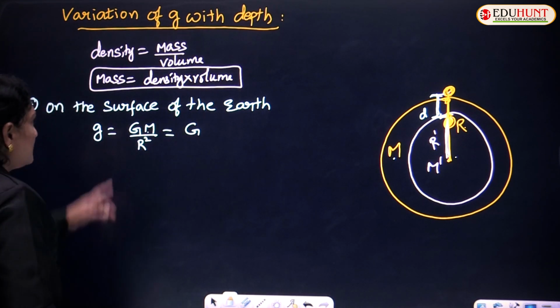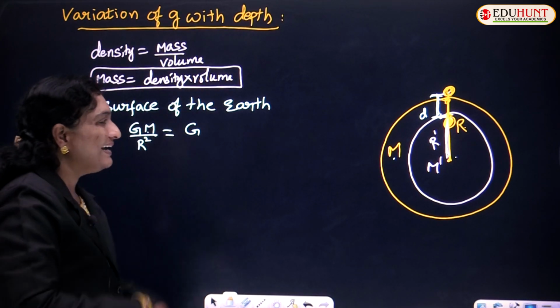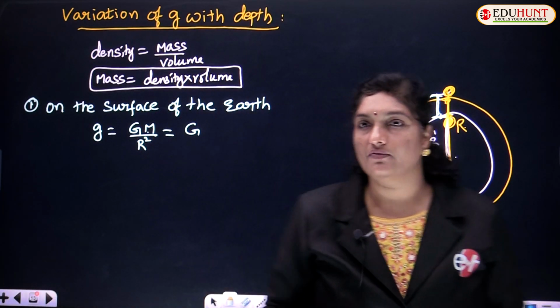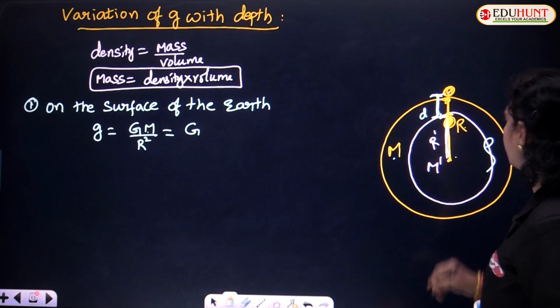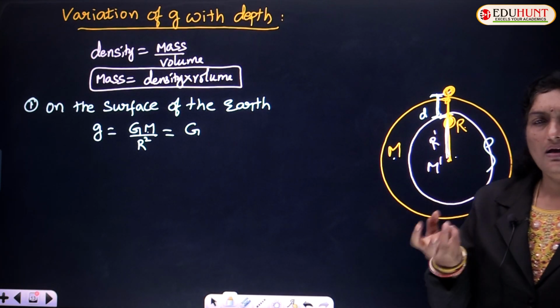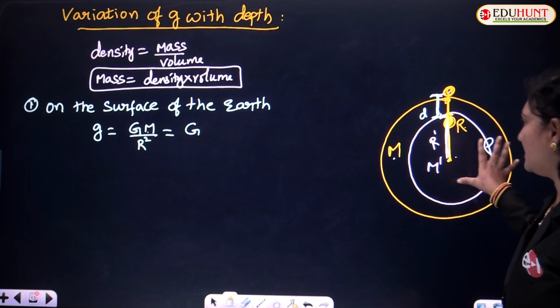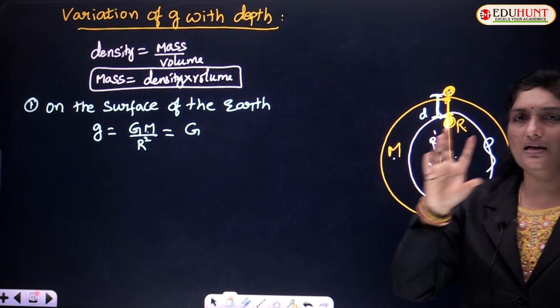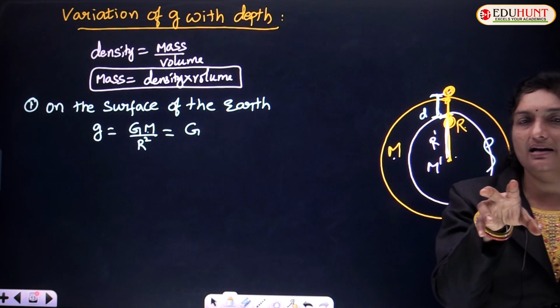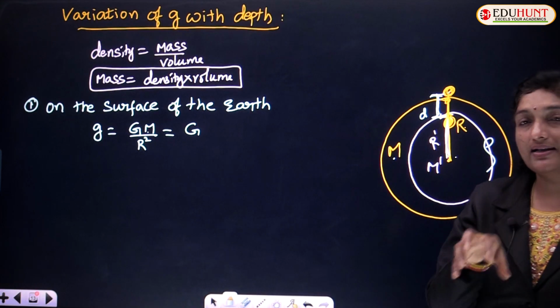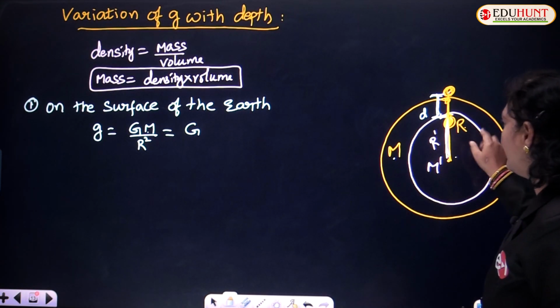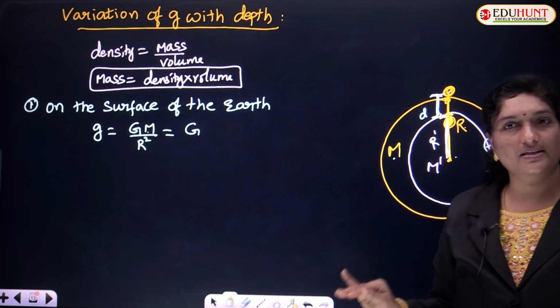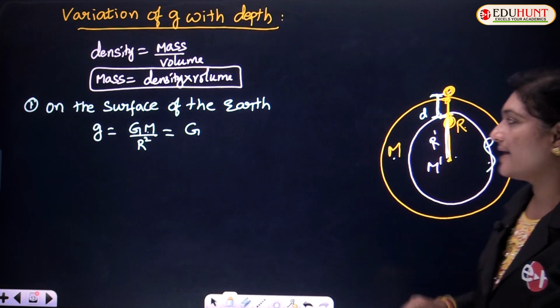Mass can be written as density into volume. Let us consider the density of the complete earth as rho. Density means mass by volume. The density of a substance, whether inside, outside, upper layer, anything, depends upon the material, so wherever you consider, the density is constant. Let us indicate that density as rho.